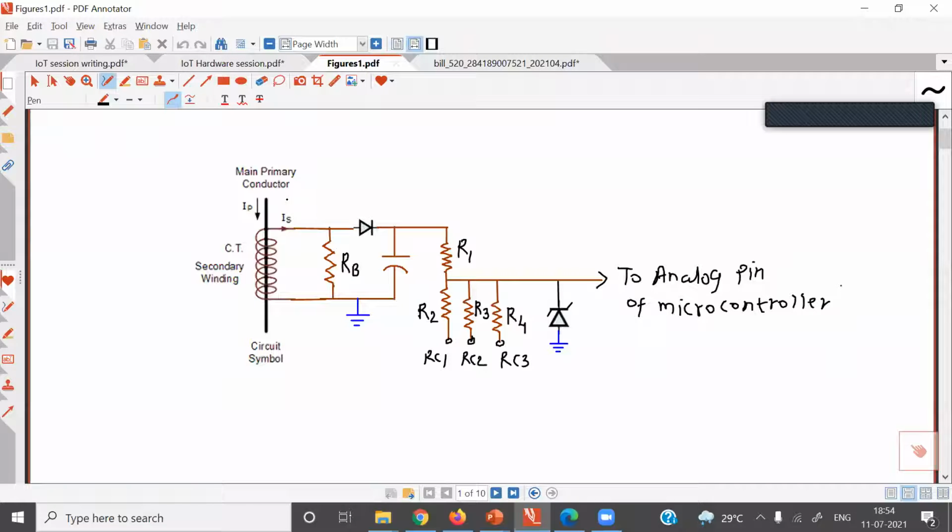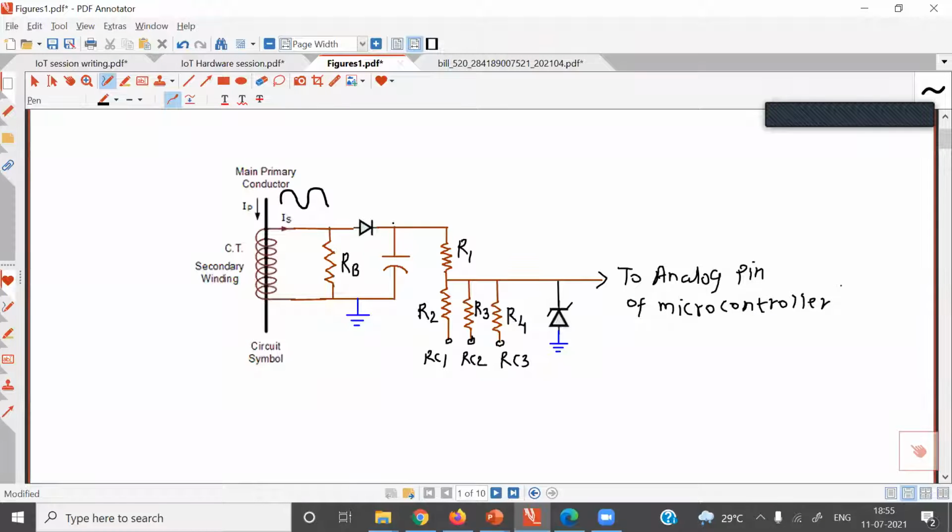As voltage induced here is AC. Voltage induced across CT coil is AC. In the video I have already showed. This must be rectified first. This must be rectified and converted to DC. So we can use here full wave rectifier or half wave rectifier. In my product, I always use half wave rectifier to keep the circuit size small.